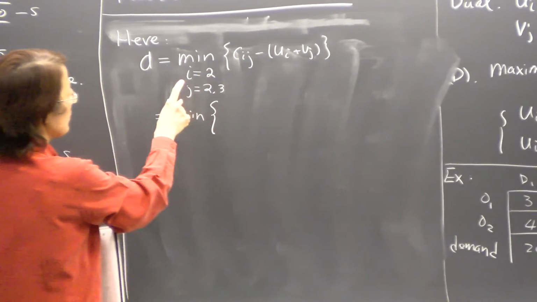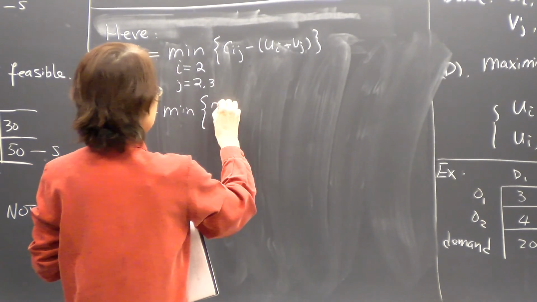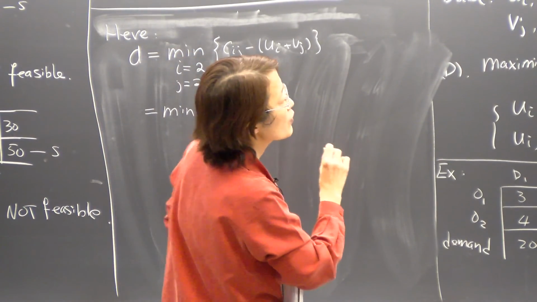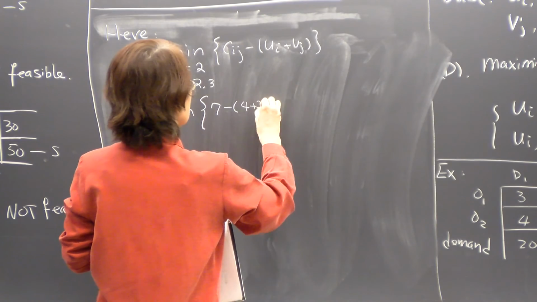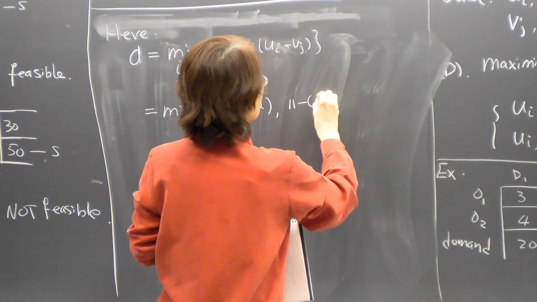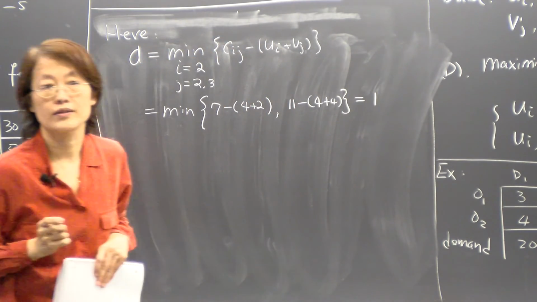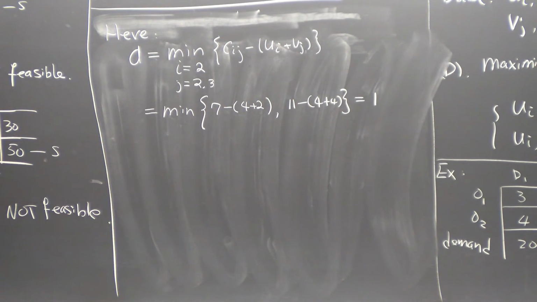From i equals 2, j equals 2, that gives me 7 minus 4 plus 2, and the other one would be 11 minus 4 plus 4. The minimum is 1. This d will always be a positive number.